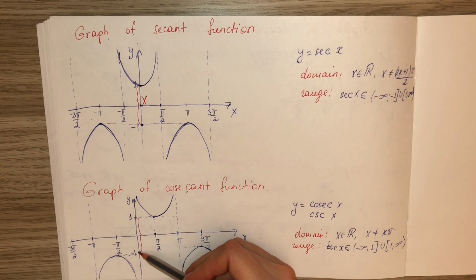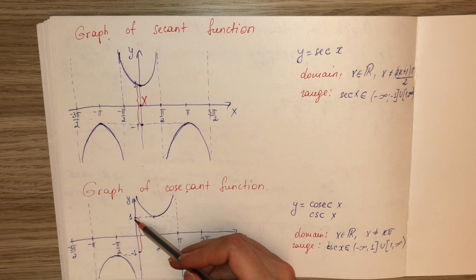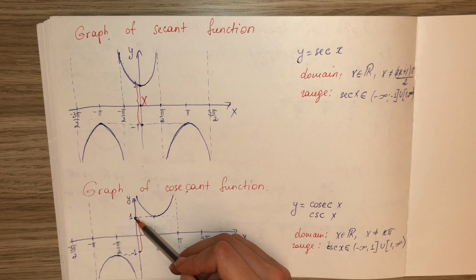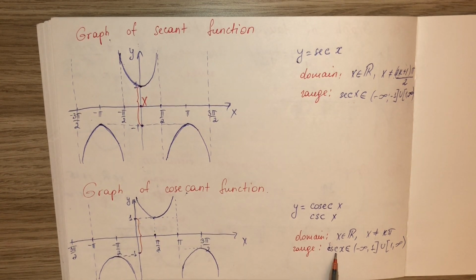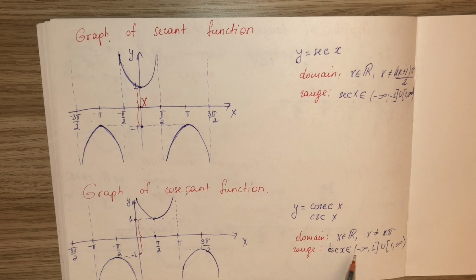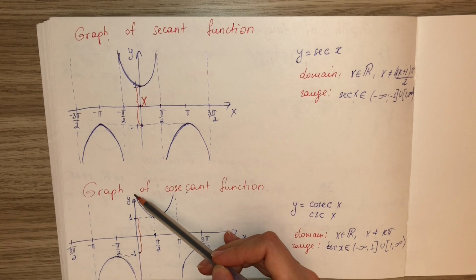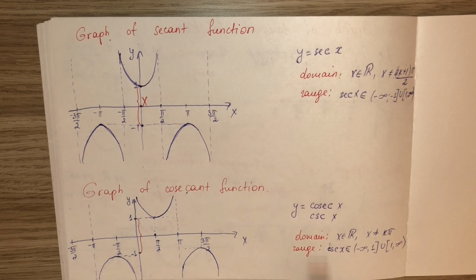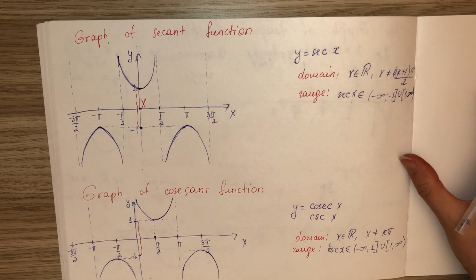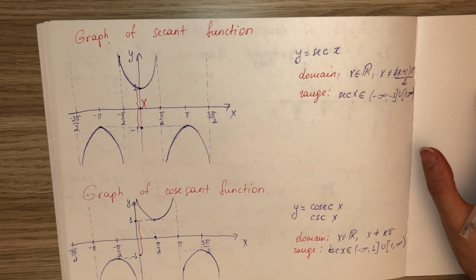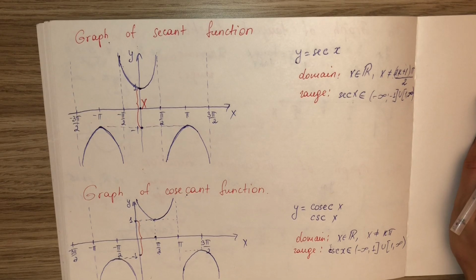It cannot get the points between -1 and +1. So the range of cosecant x is from negative infinity to -1 and 1 to positive infinity. This was the domain and range of the graphs of trigonometric functions.